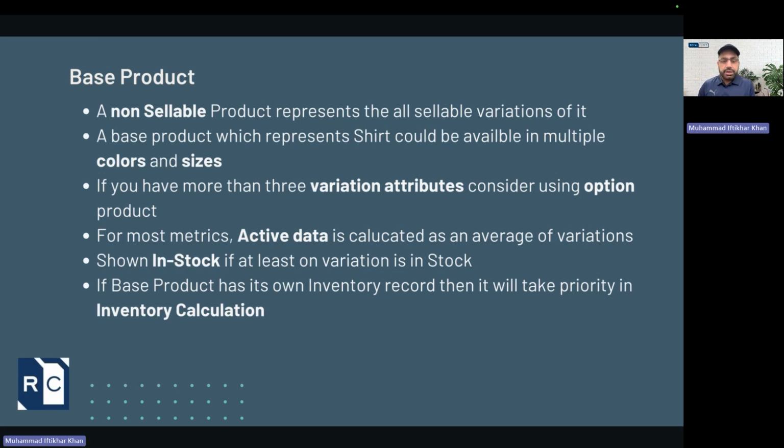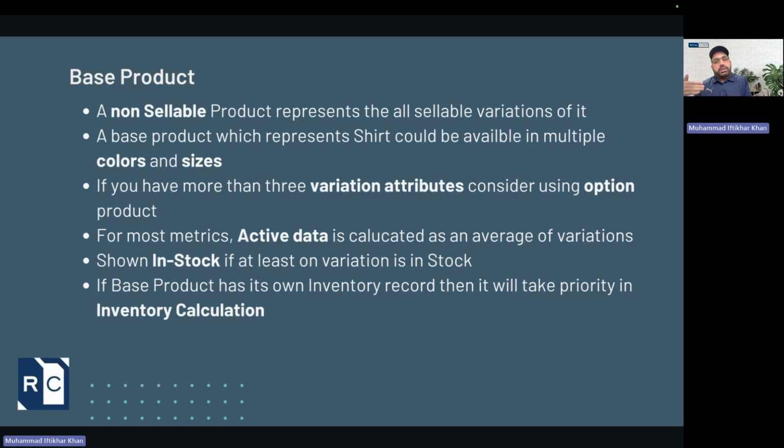And if the base product has its own inventory, there is another scenario where you can define the inventory record at the base product level. In that case, its own inventory record will take priority in inventory calculation. So you have two options for managing the inventory of your master variation products.